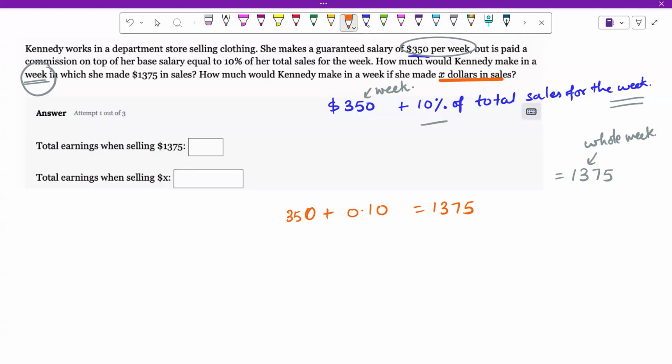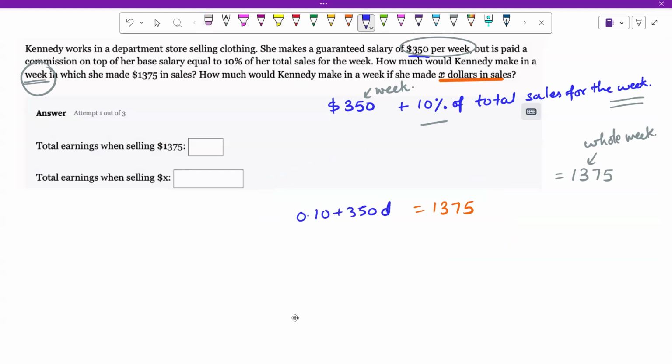There is no variable here, so what are we finding from this equation? It should be 0.10 plus 350, with X in the middle.